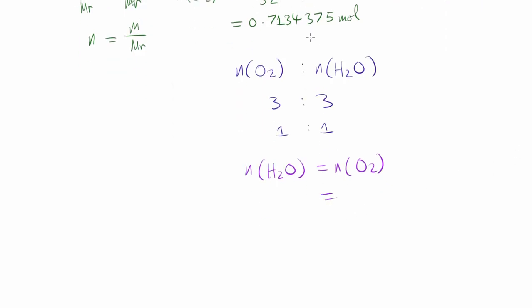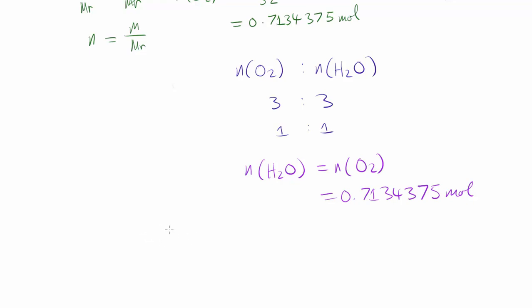We've got that figure here, which is equal to 0.7134375, right? Now the other thing here would be, well, we're trying to work out the mass, not just the moles.